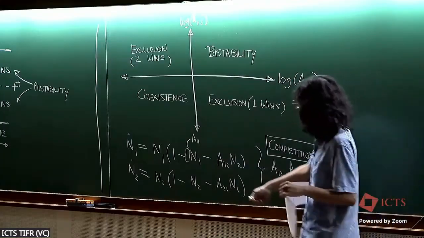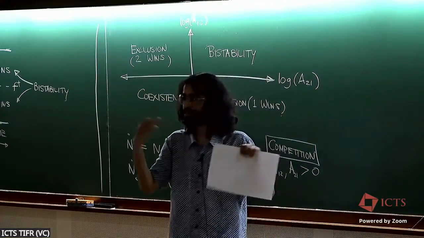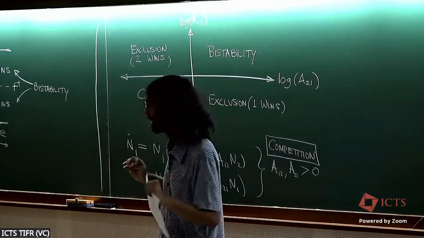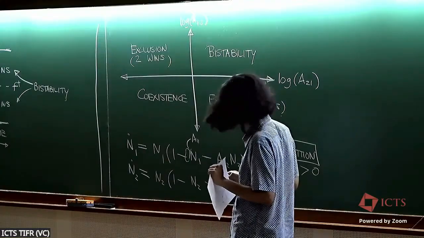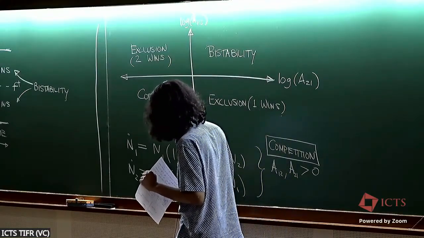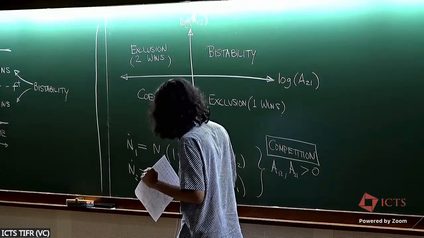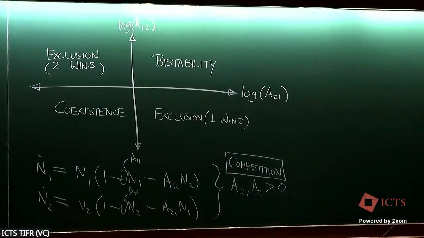And this choice to make it 1 was something that we did in our normalization. So we chose this number to be 1, and everything else is measured relative to that. And same here. We chose a model in which all so-called self inhibitions, how species 1 affects itself, 2 affects itself, are all 1.